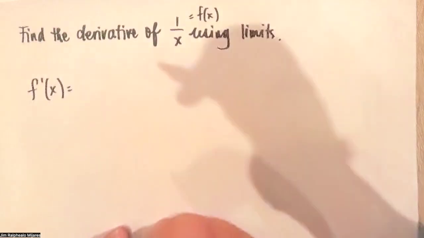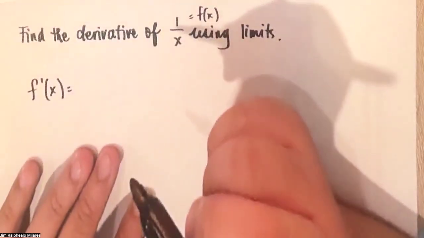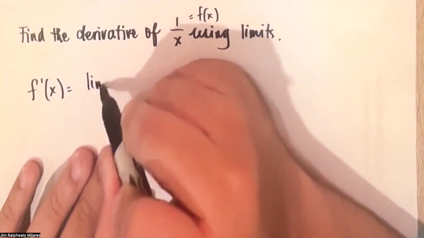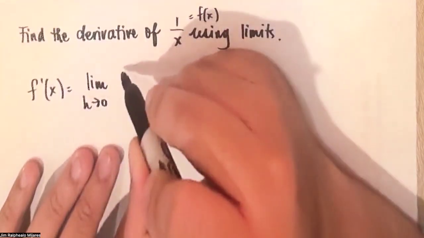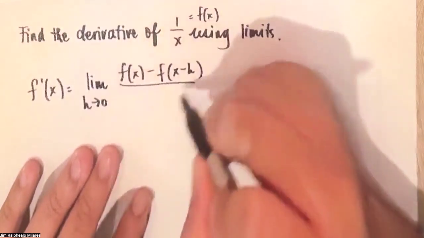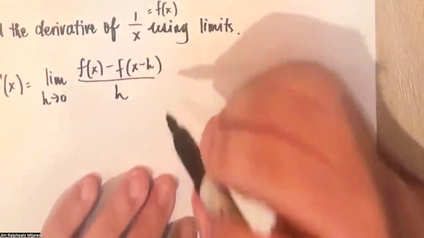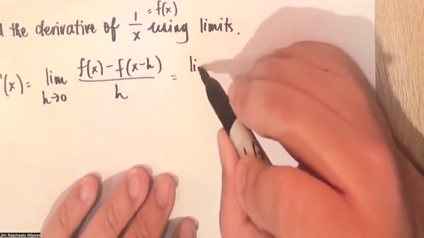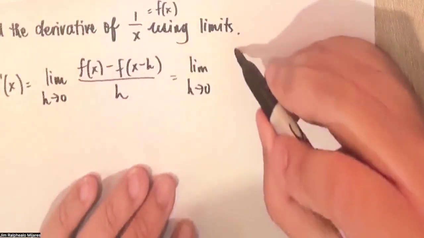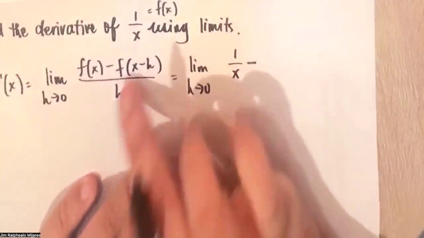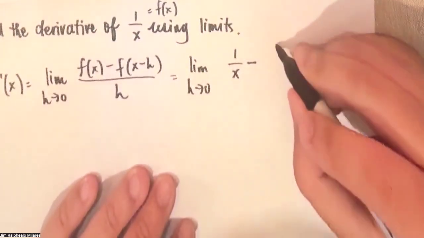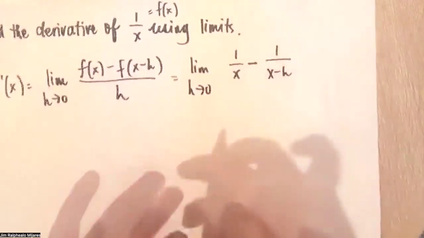It's equal to, well, the limit as h approaches 0 of f of x minus f of x minus h all over h, which is equal to the limit as h approaches 0 of f of x, which is 1 over x, minus f of x minus h, which becomes 1 over x minus h, right?